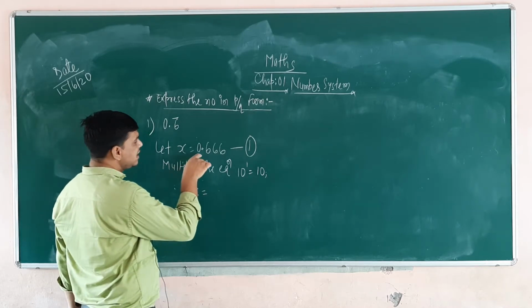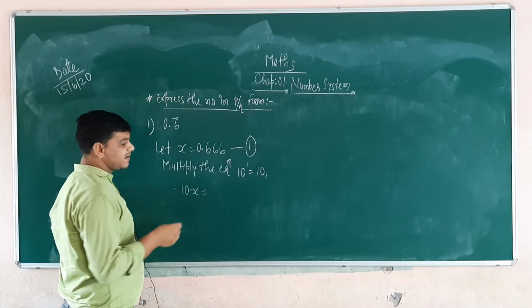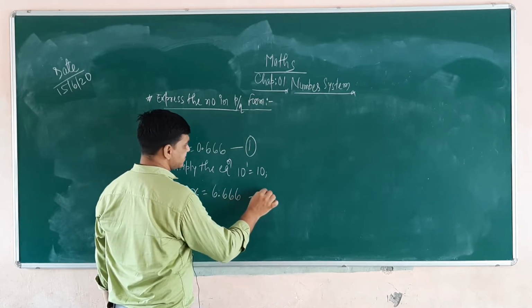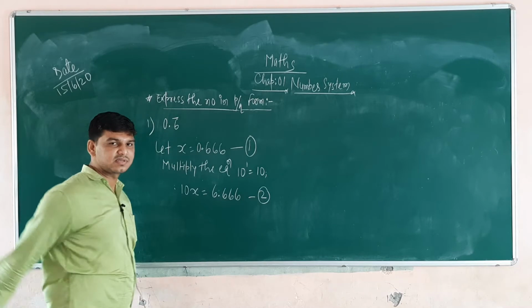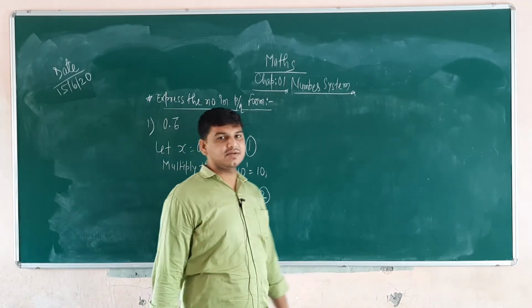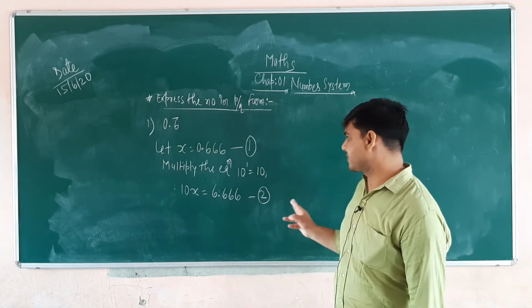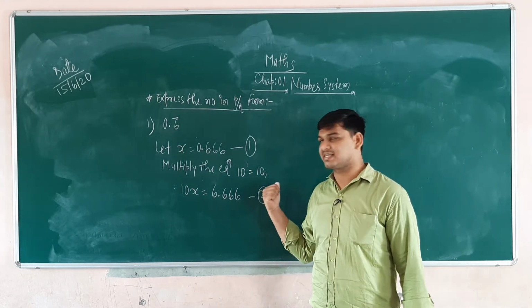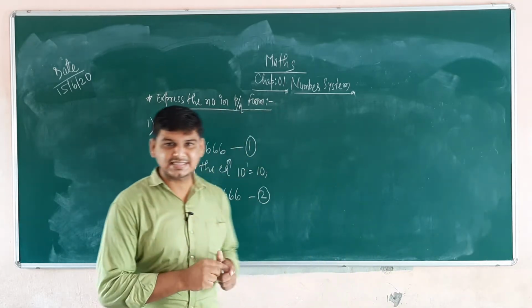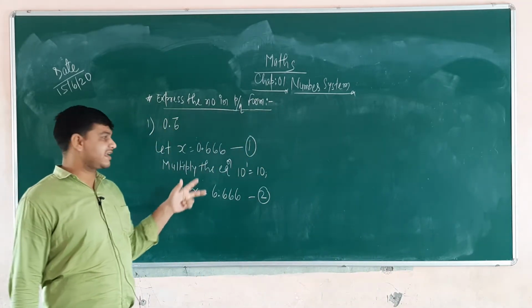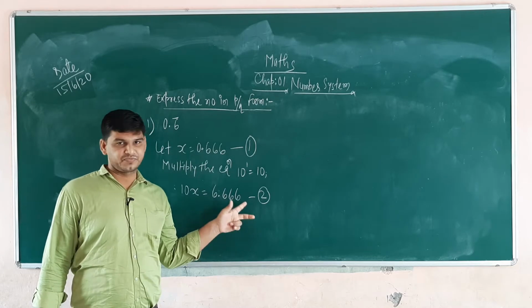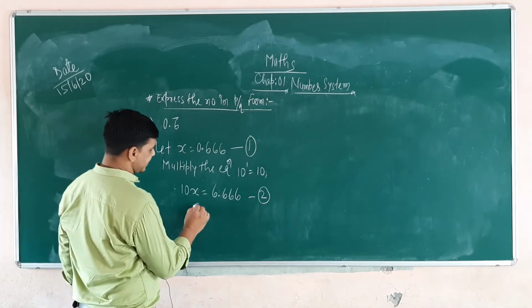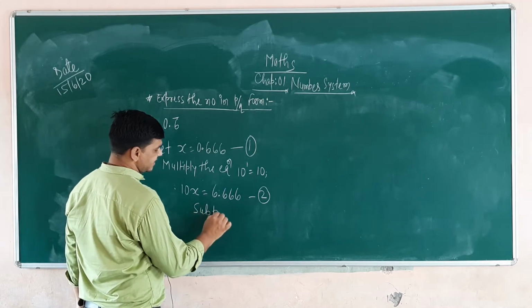That becomes 10x. Now 0.666 multiplied by 10 becomes 6.666, equation number 2. Now I have two equations: x equals 0.666, and 10x equals 6.666. In the next step we subtract equation 1 from equation 2.